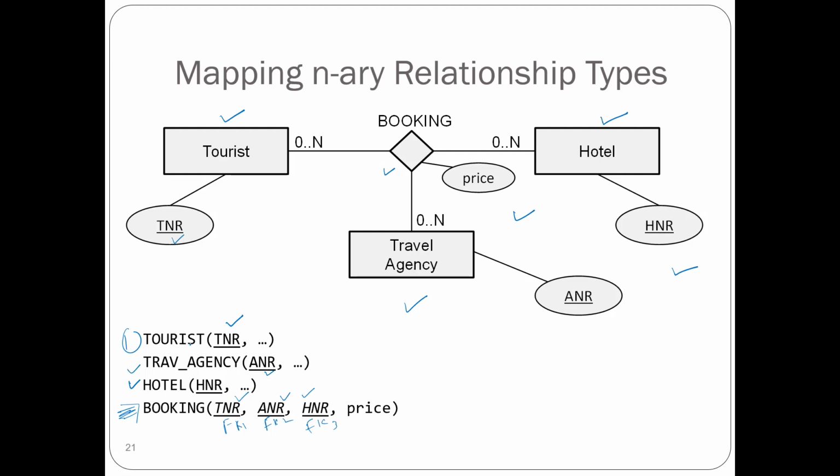For which we have these relations: tourist relation, travel agency relation, and the hotel relation. Okay, and this price attribute that we have for the relationship booking will find the place in the booking relation. Good, simple enough. And yes, since our primary key has these three attributes, which are TNR, ANR, and HNR, they are all not null.